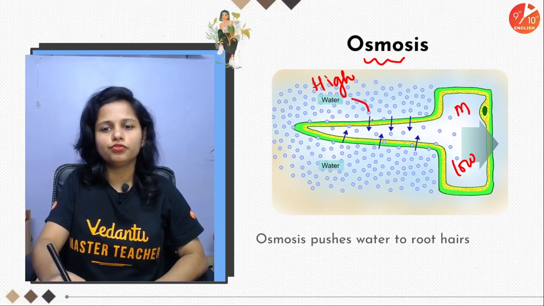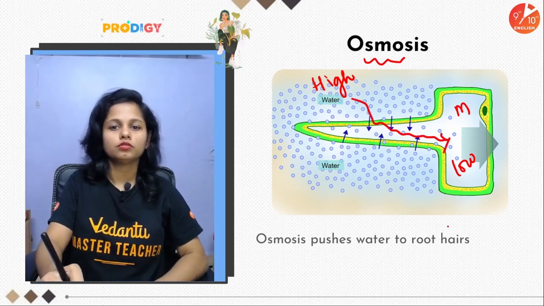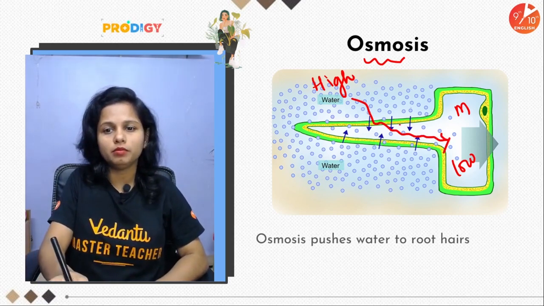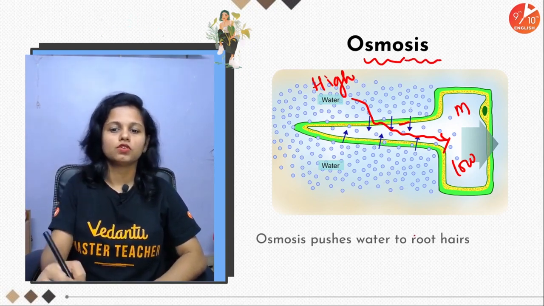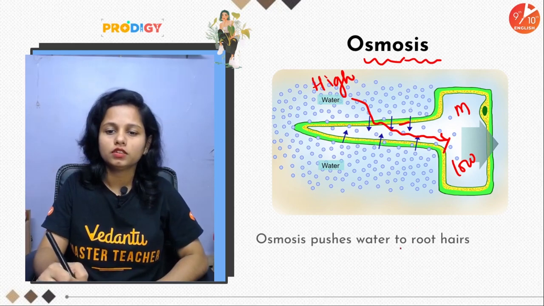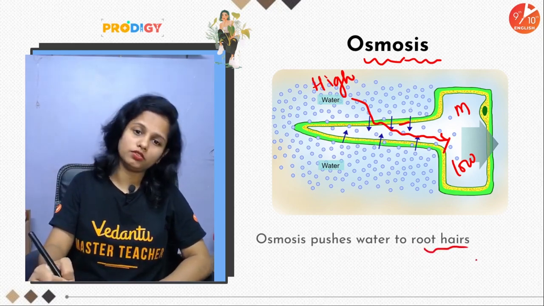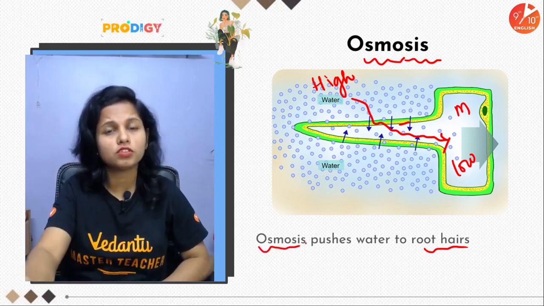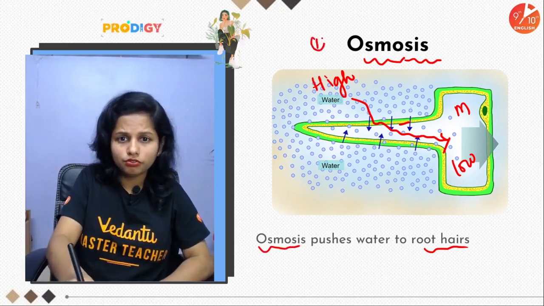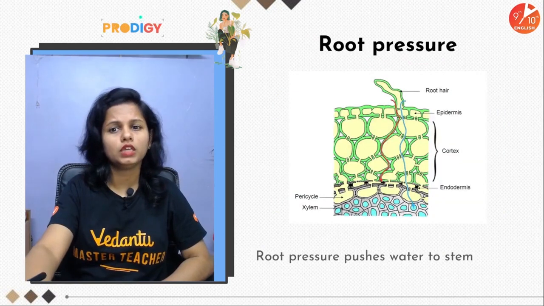So water will move from high to low through a semi-permeable membrane, of course the plasma membrane, by osmosis. So water enters into the root hairs and reaches the root cell by a process called osmosis. That's the first force.